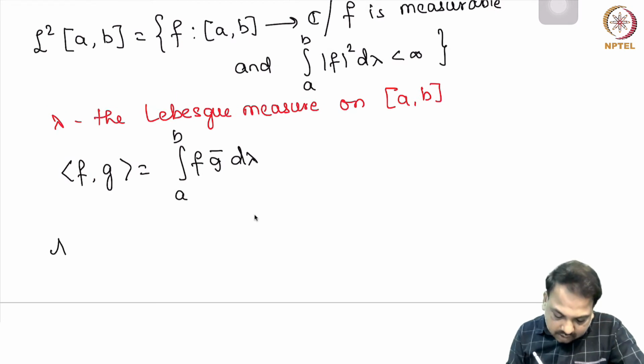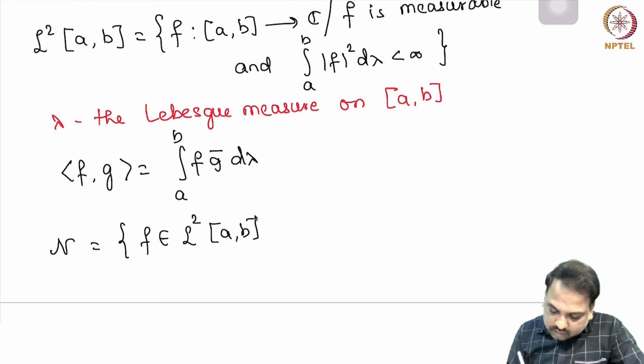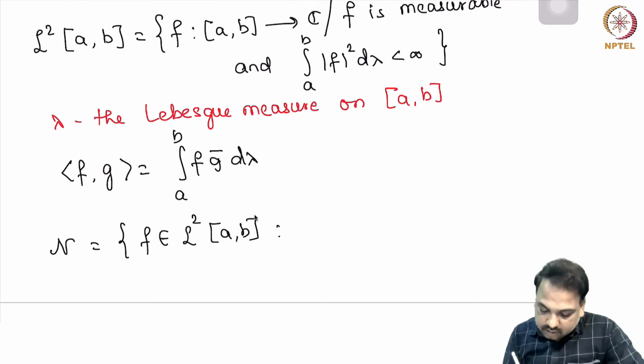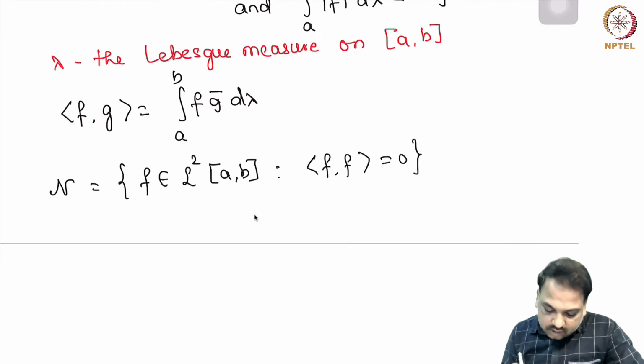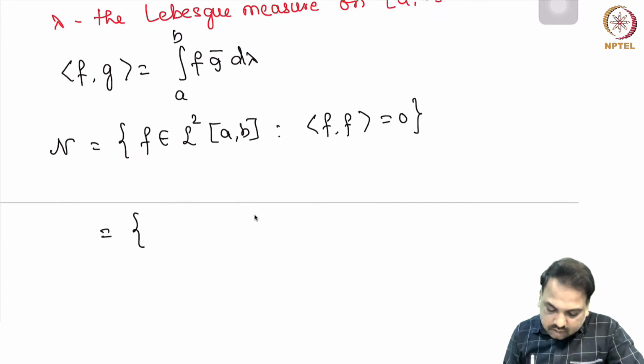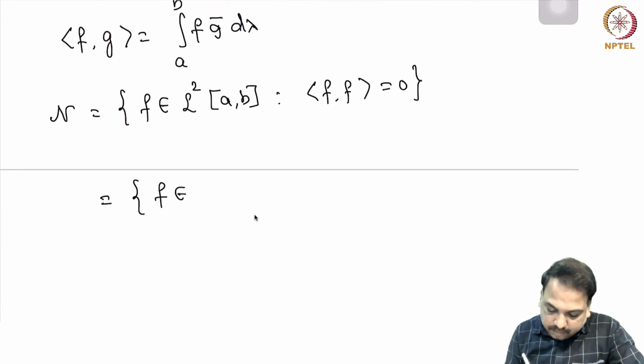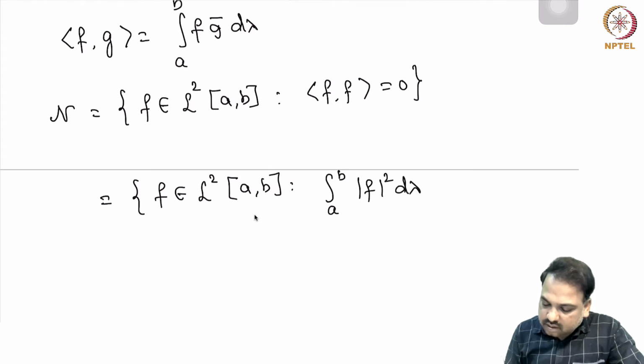So if you look at script N, the set of all f in this space such that the semi-inner product of f with itself is 0, this is nothing but the set of all f in script L2[a, b] such that the integral from a to b of mod f square d lambda is 0.